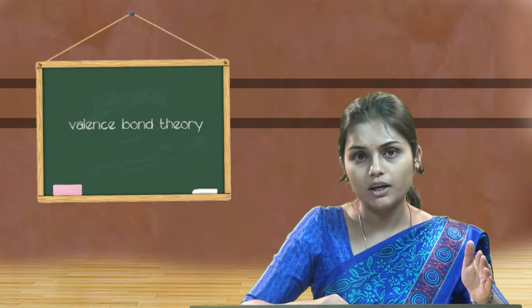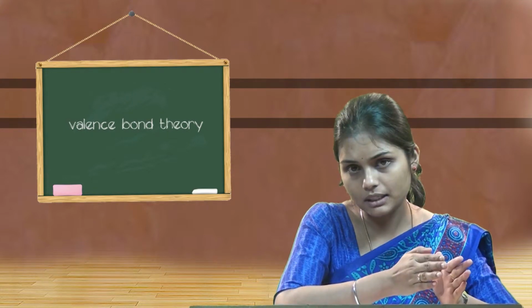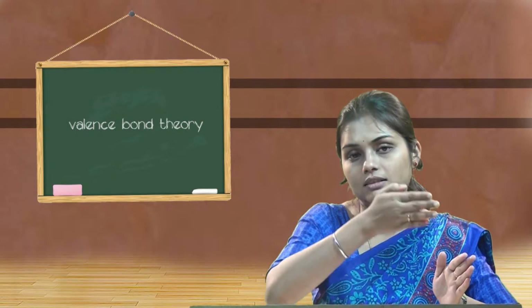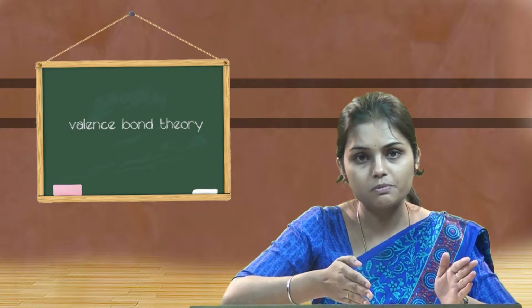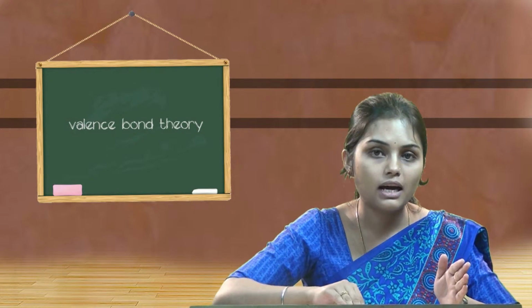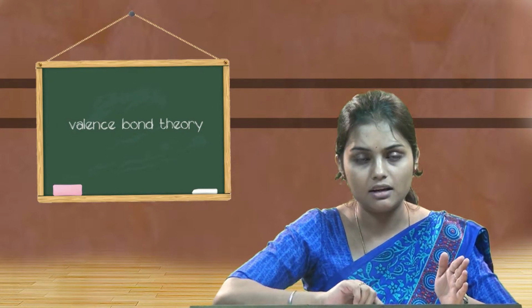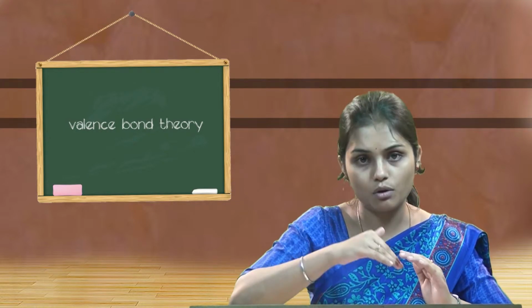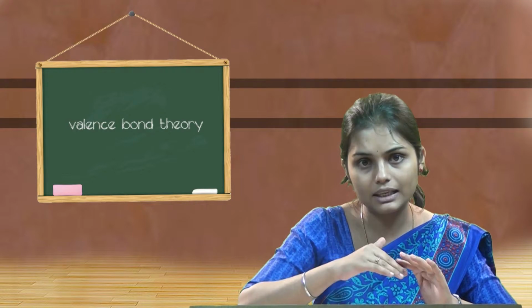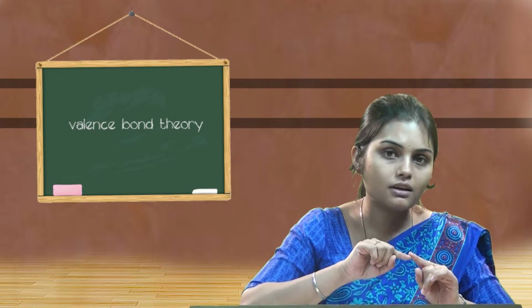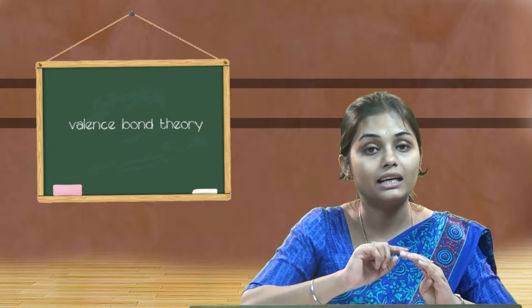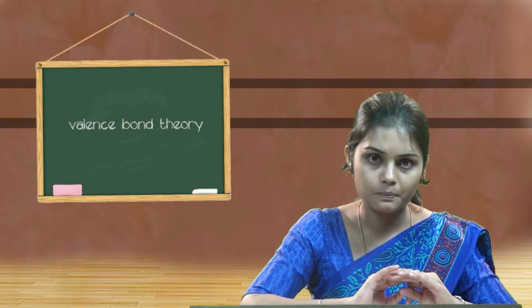In order to form inner complexes, that is low spin complexes, it should have a strong ligand. Whenever a complex consists of a strong field ligand, that particular complex always leads to low spin complexes and inner orbital complexes.